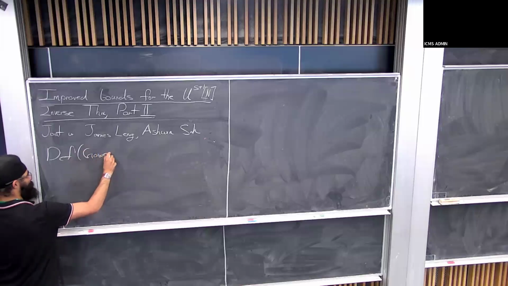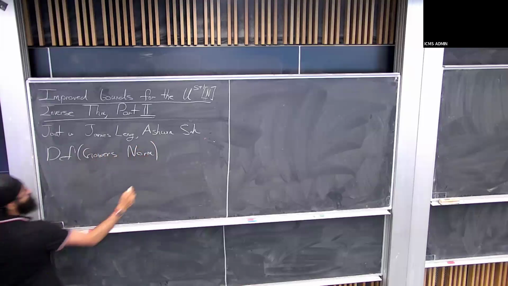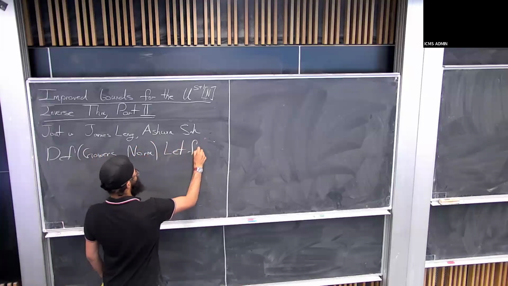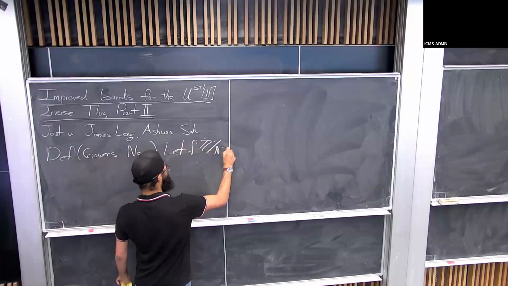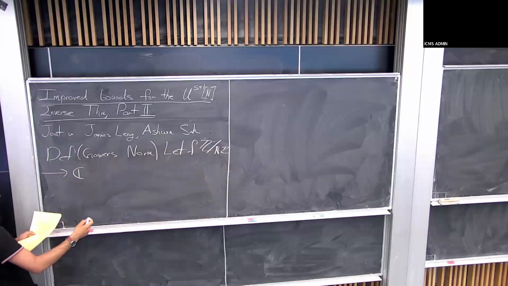Okay, so I'll start. Let me define the Gowers norm. I think at this point we've had it many, many times. So I'm actually just going to work on the cyclic group, so functions from Z mod NZ to the complex numbers.